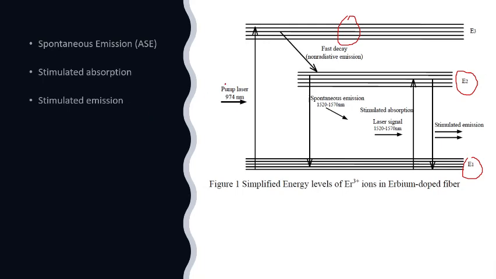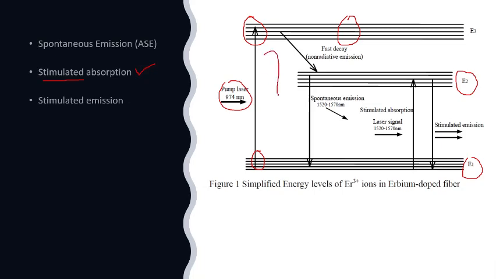Once we pump in the pump laser, which is approximately 980 nanometer, the first step inside the EDF fiber is stimulated absorption. Stimulated means we are helping the ions in the ground state to go into the excited state.